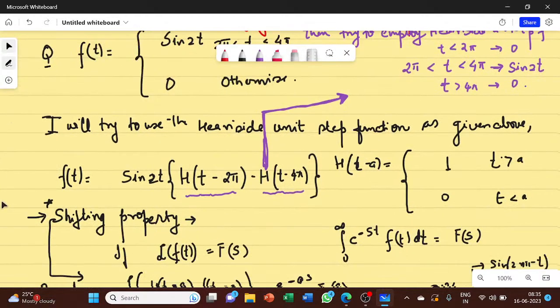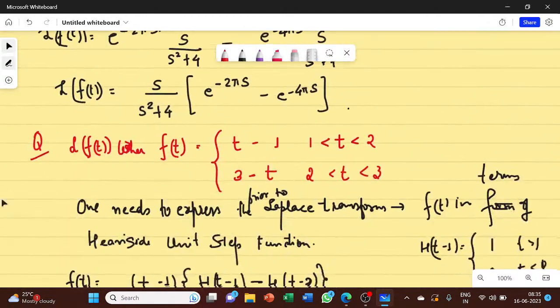This is one thing that you should understand. And this is what I have illustrated by these two examples.